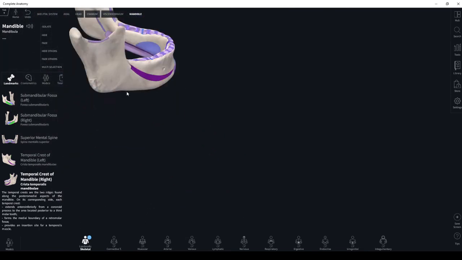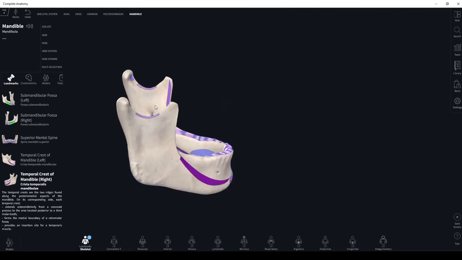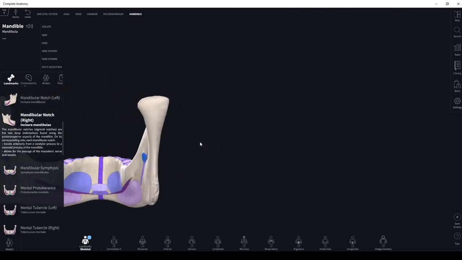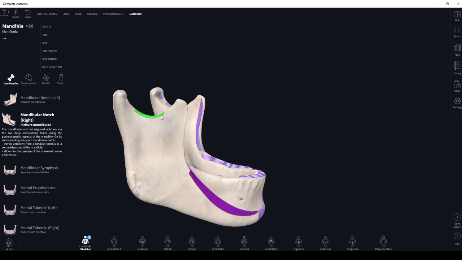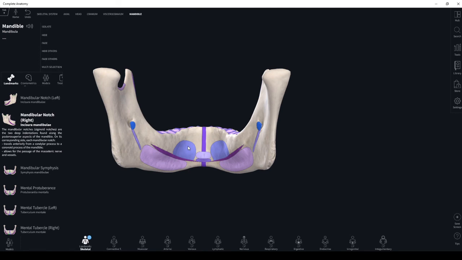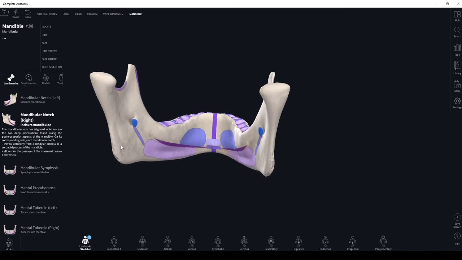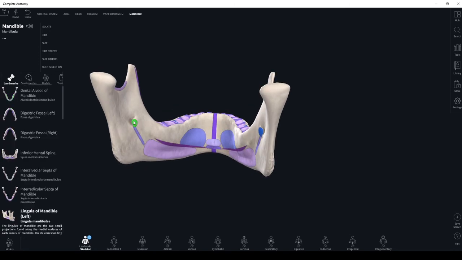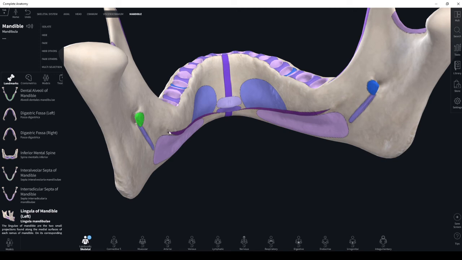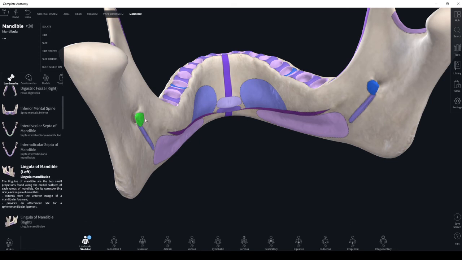On the superior border of the ramus of the mandible, you can find the mandibular notch, incisura mandibulae, the site between the two processes, the anterior coronoid and the posterior condylar process. The most complex site in structure is the internal surface of the mandible, which has, from top to bottom, the foramen mandibulae and the mandibular canal, which leads to a specific canal inside the bone, partially covered by the lingula of the mandible.